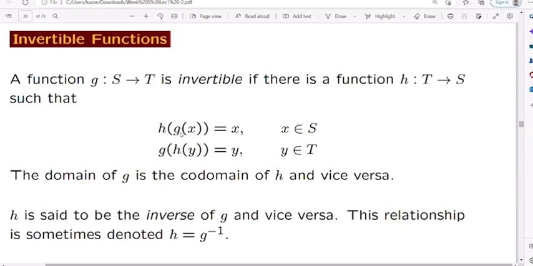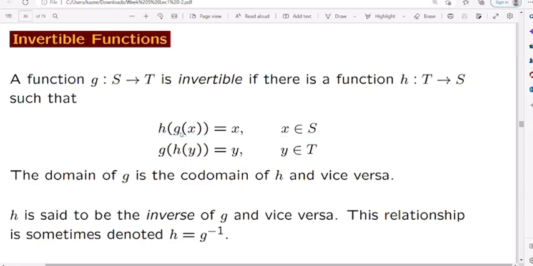If you take a look at this here, h of g of x is going to be equal to x. The support of x is in s, and of course g of h of y is going to be equal to y, where the support of y is in t.